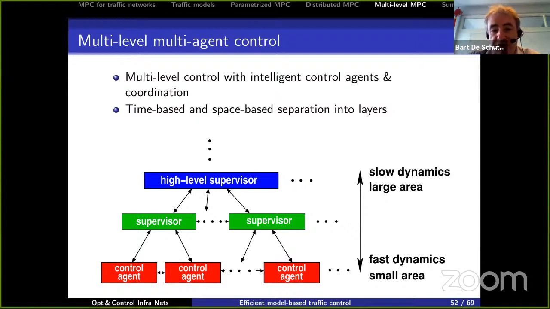From that point of view, formally speaking, since the number of vehicles that enter a network is finite, by definition you always have some measure of stability. But that's, of course, not a very satisfactory measure of stability.